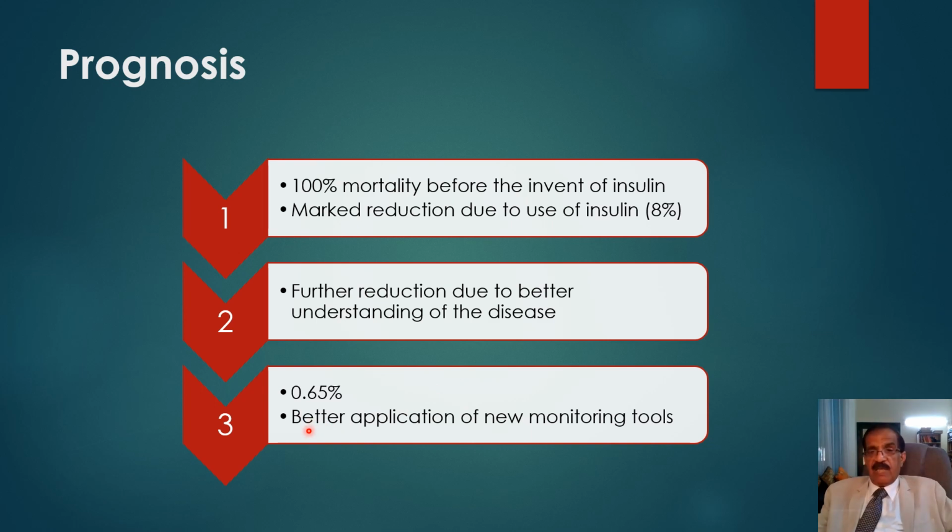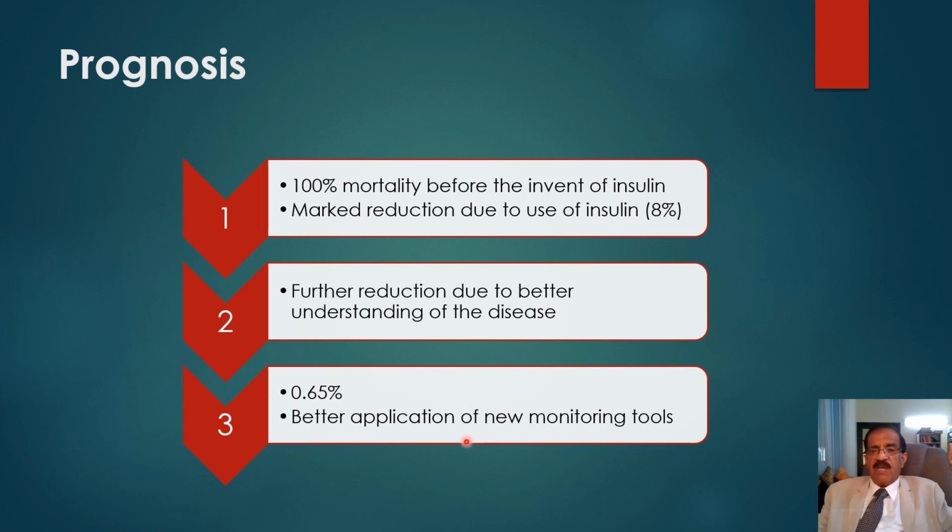And currently the world figures are that the mortality of DKA should be less than 0.65% or at least 1%. And this is because of the application of new monitoring tools. We can measure glucose continuously, we can measure ketones as frequently as we wish. And I think that has led to better treatment.